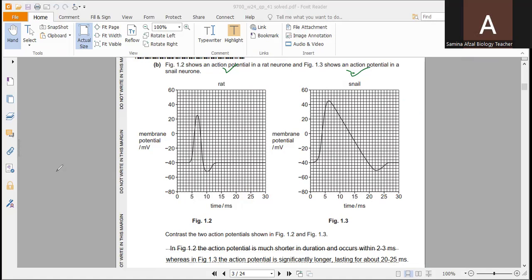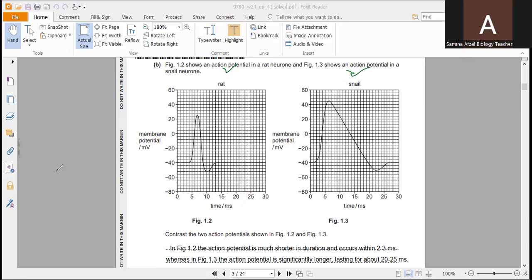First of all, the duration of the action potential. In the rat, the action potential is much shorter in duration. It occurs within approximately 2 to 3 milliseconds, you can see over here between these points.